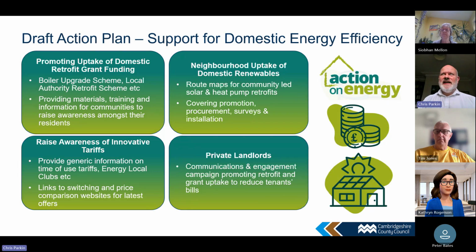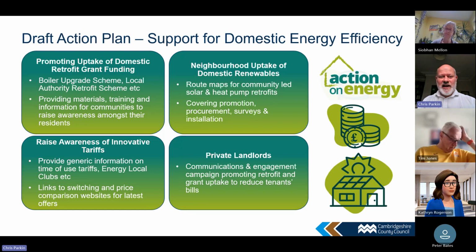And the last area in this particular theme, probably one of the more contentious proposals, I think. So some of the grant funding that's available under things like the local authority retrofit scheme is available to private landlords as well, but historically there's been very low uptake of it. And this is a bit of a concern, particularly because there's a strong overlap between fuel poverty and those in private rented accommodation.